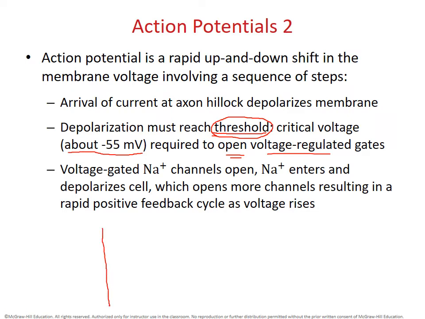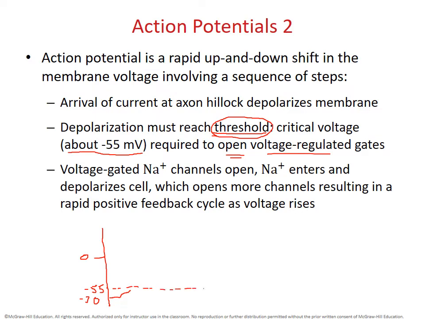So again, what's going to happen if I was to draw this out? Remember, the cell is starting at -70. This is in the axon hillock. It gets a little bit of depolarization from the local potential that's spread from the dendrites, say to -55, which is threshold.